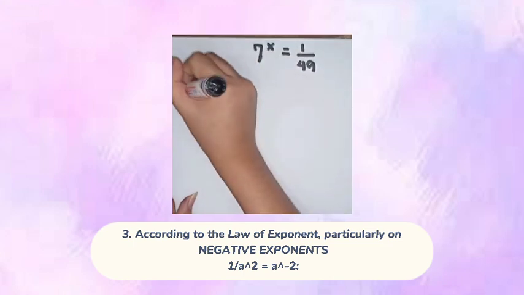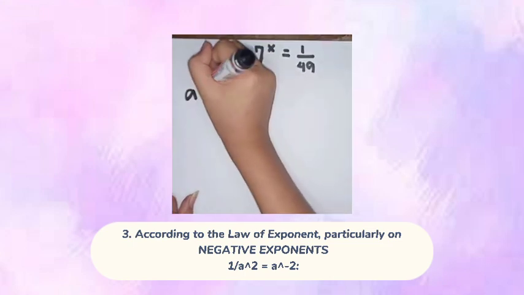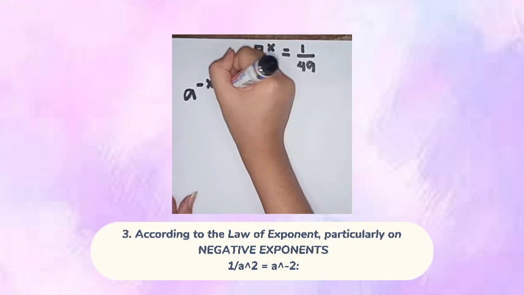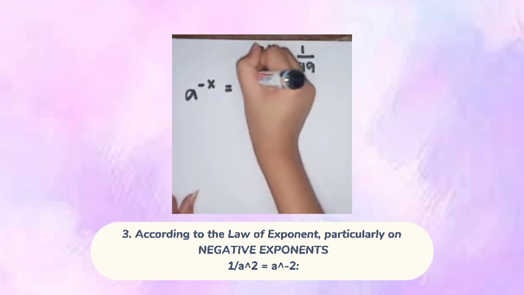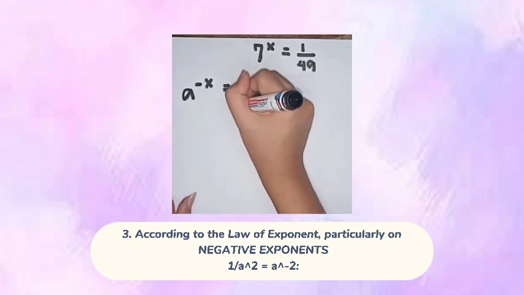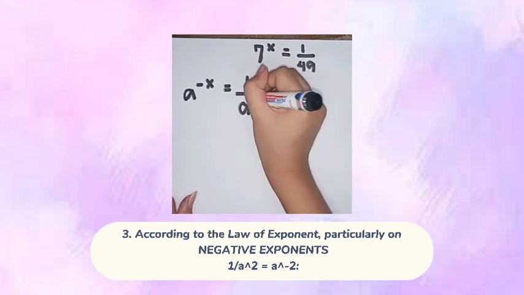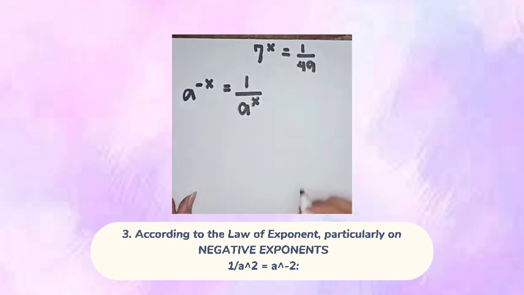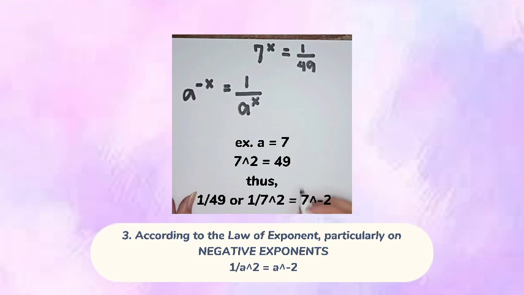Recall that in the law of exponents, particularly for negative exponents, a to the power of negative x is equal to 1 over a to the power of x. 7 squared is equal to 49.